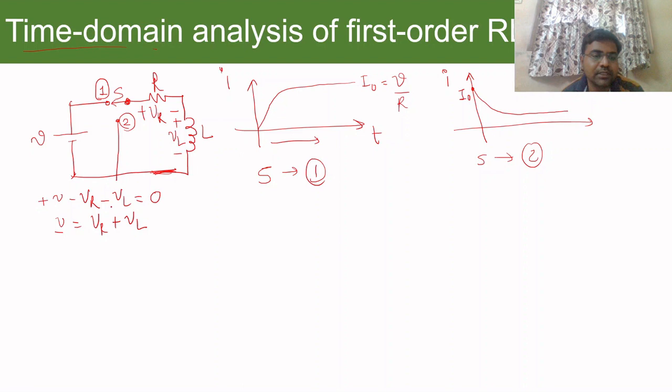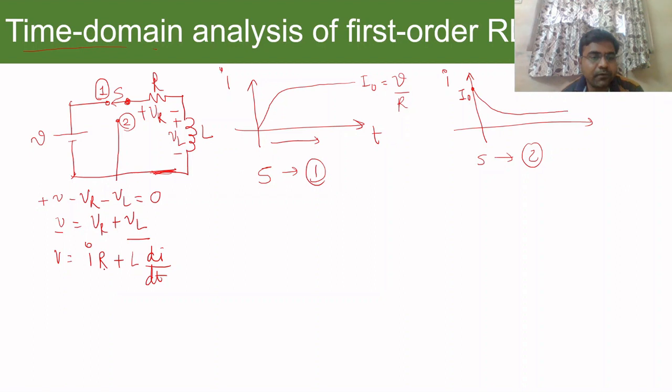If you take these two terms to the other side, we get this equation: V equal to VR plus VL. What is VR? This is the voltage drop across a resistor, given as IR. And what is VL? The voltage across an inductor is nothing but L di by dt.